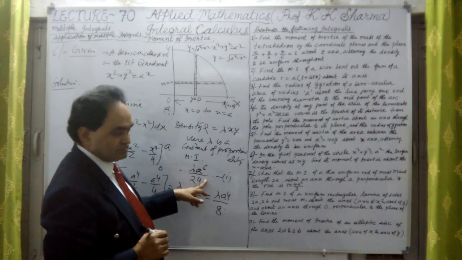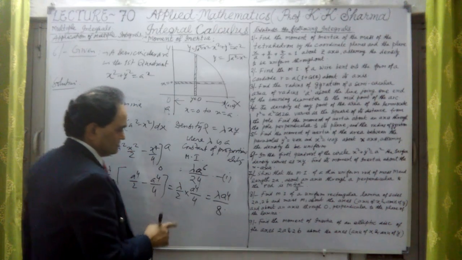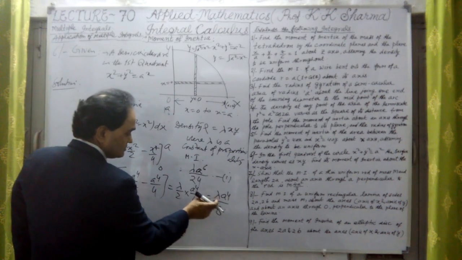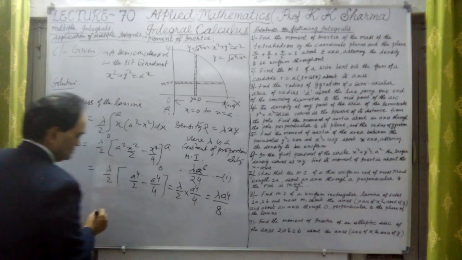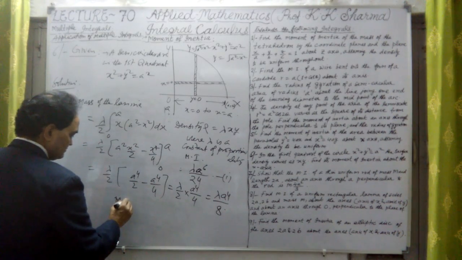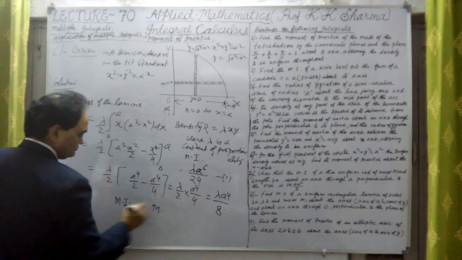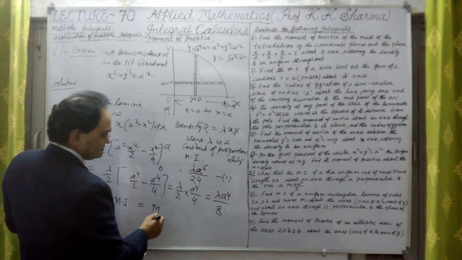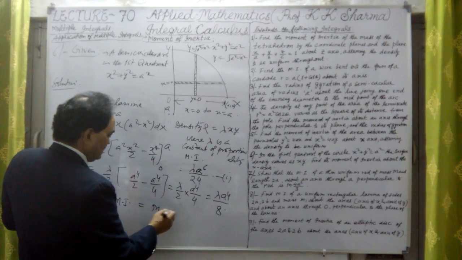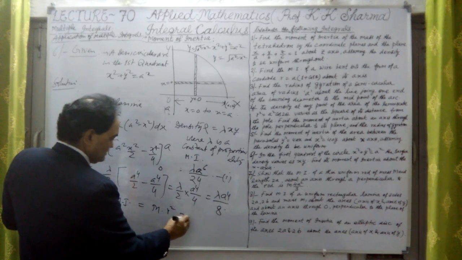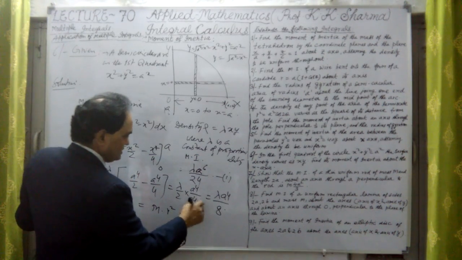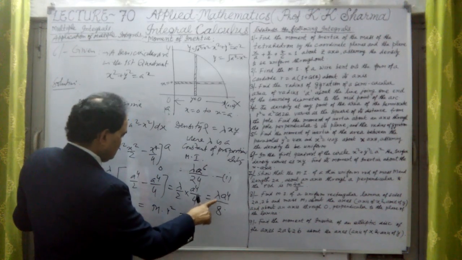If I separate this mass into length, this is to be written in terms of this and the distance. Therefore, the moment of inertia is equal to mass into perpendicular distance, mass into r square, m into r square. This is the mass here.